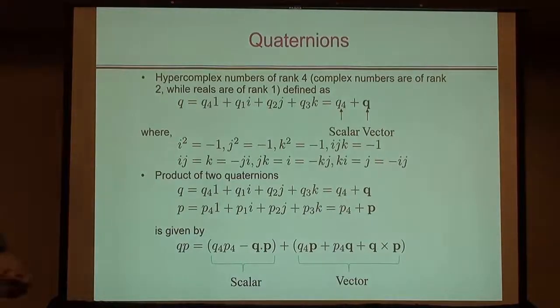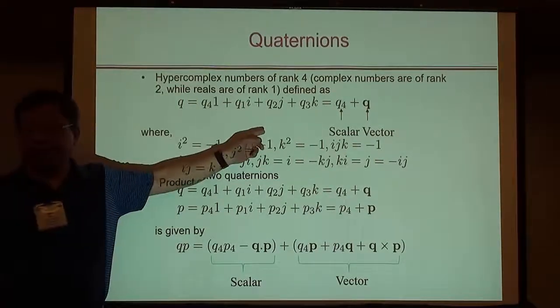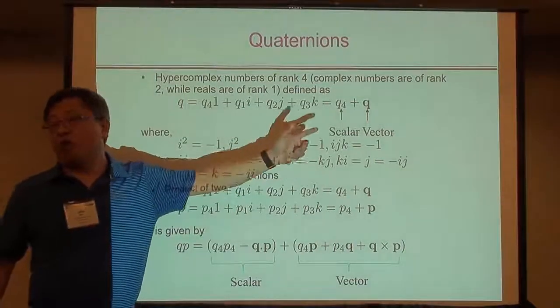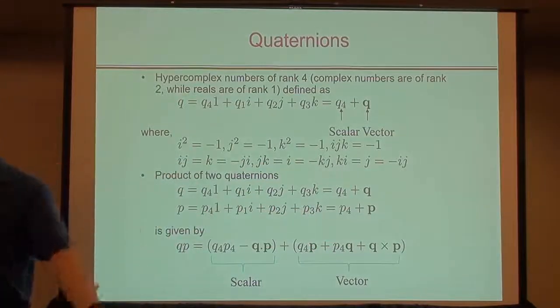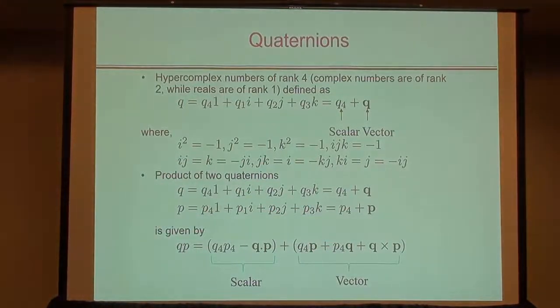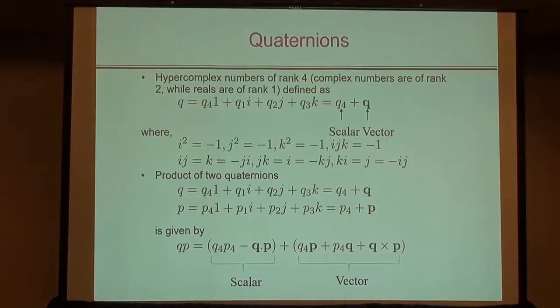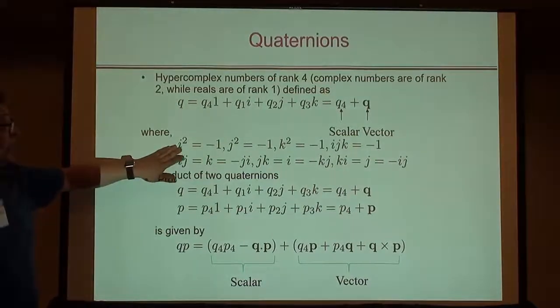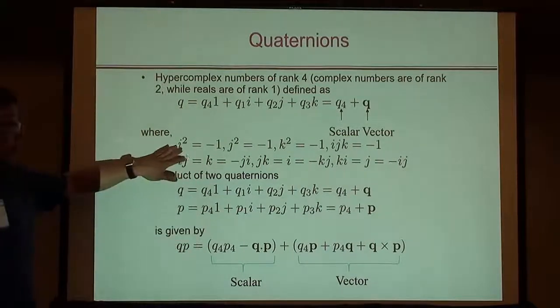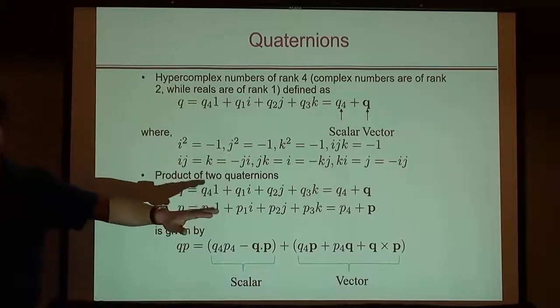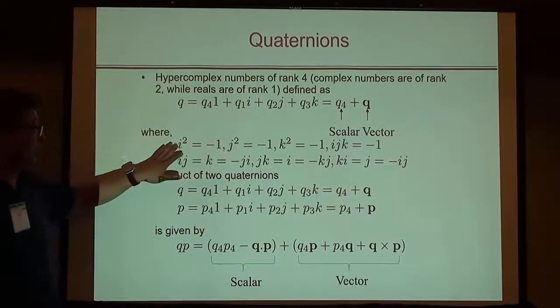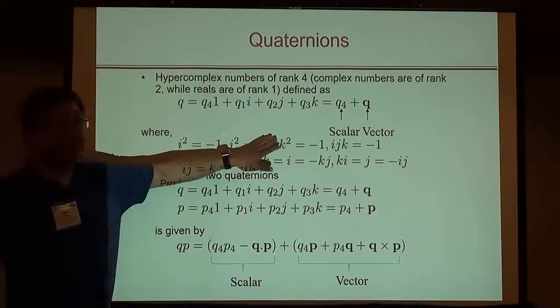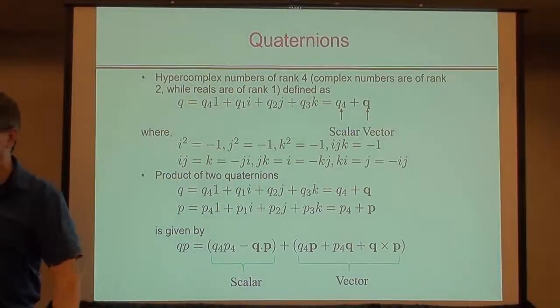Okay, any vector multiplied by either I or J or K would rotate that vector by 90 degrees. Okay? And if you do it twice, of course, it's going to rotate by 180 degrees. So they all have this property: I squared, J squared, K squared, all equal to -1.